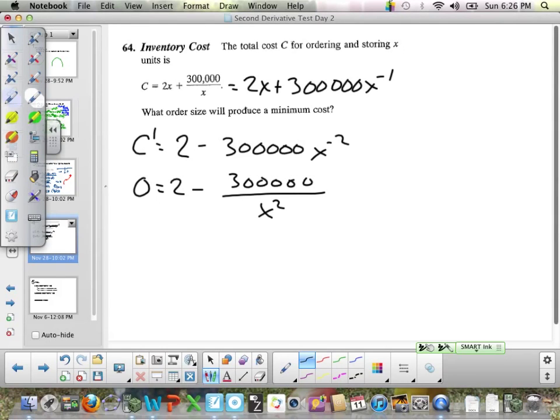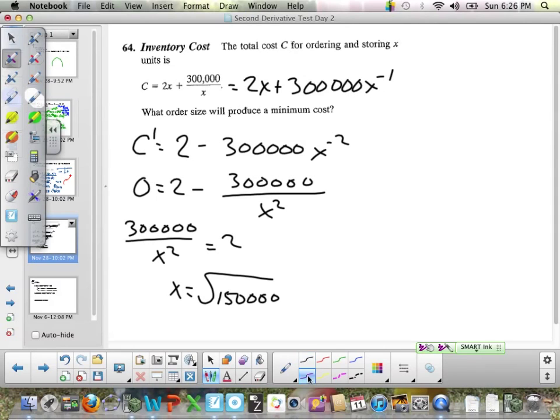Okay, we'll solve for x. We got 300,000 over x squared equals 2. Multiply by x squared, divide by 2, take the square root. X equals the square root of 150,000. All right, that's our critical number where our max or min could occur.